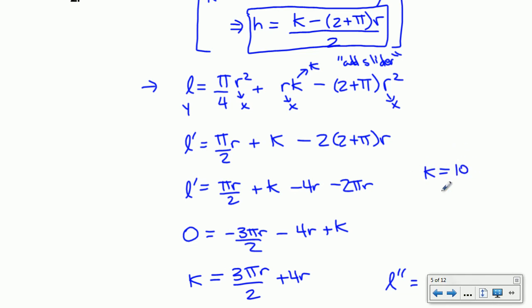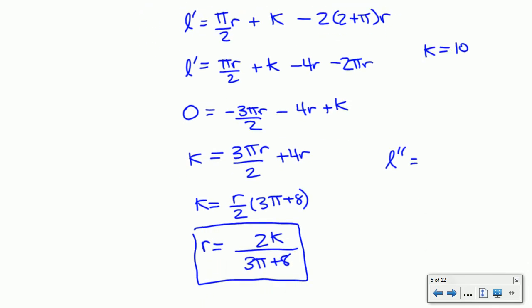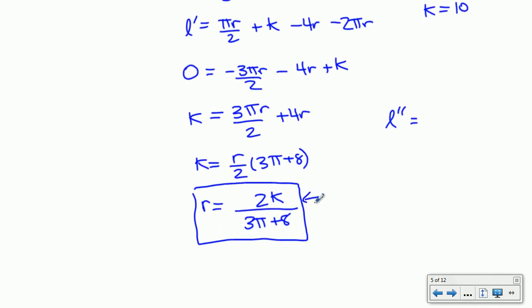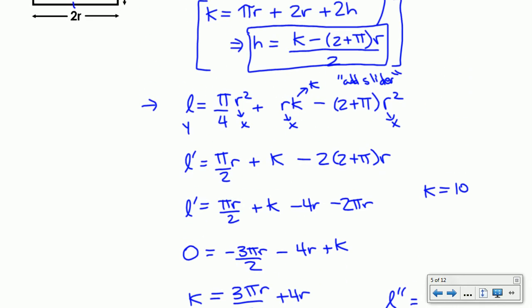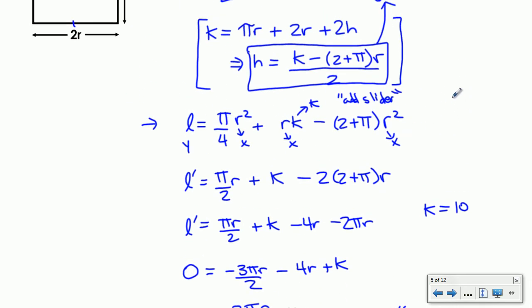So if the perimeter is 10, you could check what the radius will be, subbing a 10 in there, and you can check the maximum produced by Desmos when K is 10. So you'll get something like that, and you should have R or X is going to be 1.148. So you can check that fairly easily on your own.